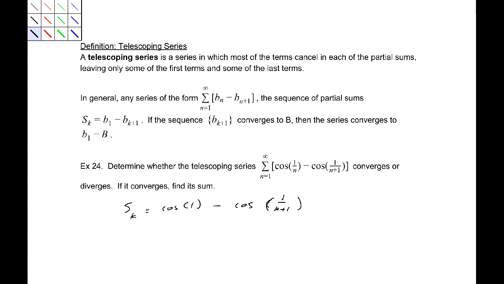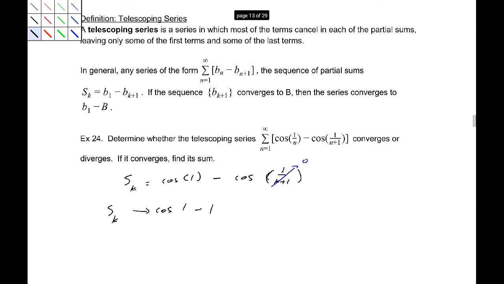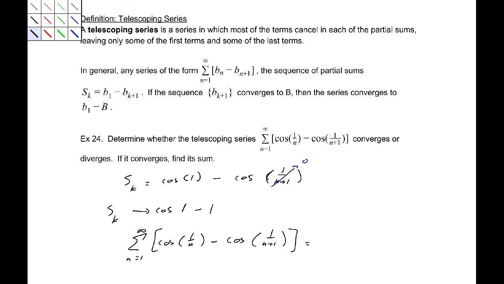The limit of sk approaches cosine of 1 minus cosine of 0, which is cosine 1 minus 1. So because our sequence of partial sums converges to cosine 1 minus 1, the sum of cosine 1 over n minus cosine of 1 over n plus 1 equals cosine of 1 minus 1.